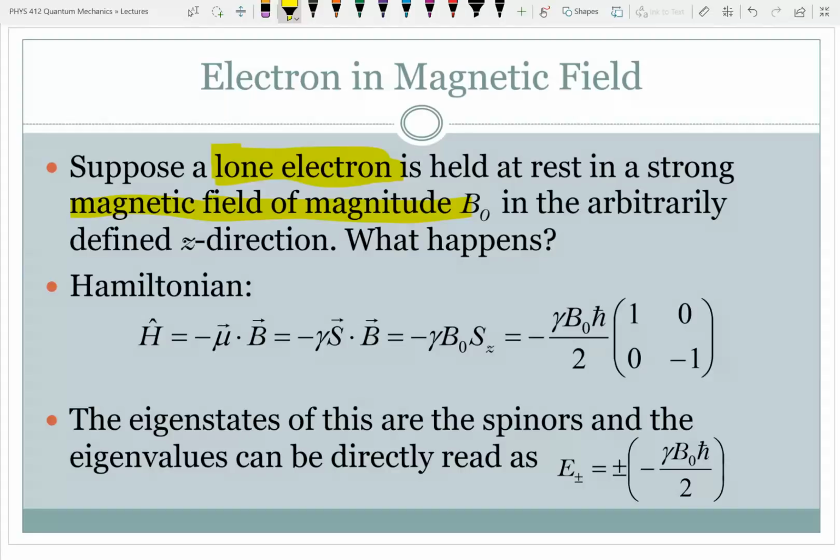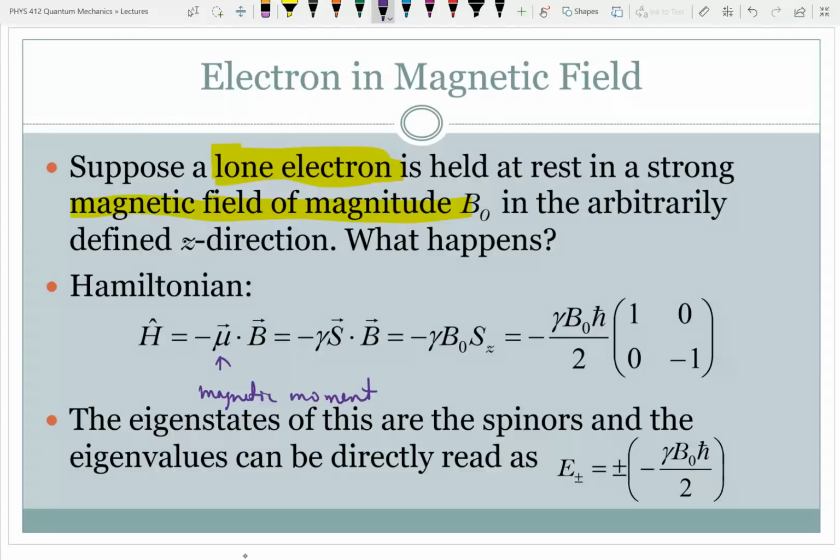So if it's in a magnetic field, then it's going to have potential energy due to the magnetic field. And remember, I said we can't really make a Schrodinger equation for spin because it's an innate property. But we have the potential energy, we have a function for that. So the potential energy is minus mu, the magnetic moment of the particle, dotted with the external magnetic field.